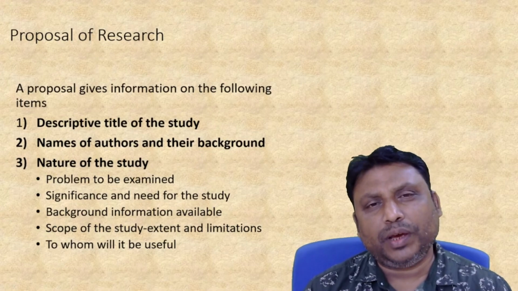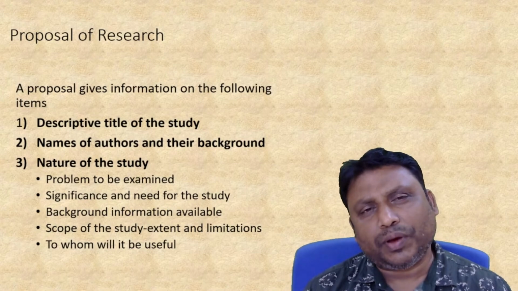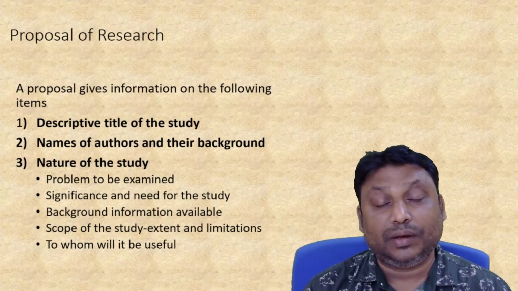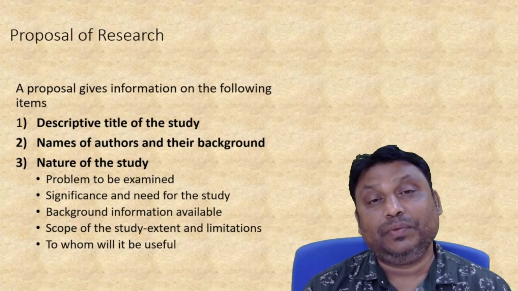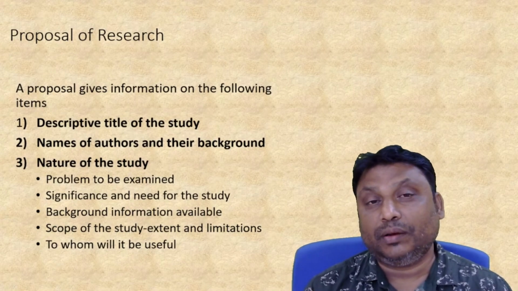So when you are submitting any research proposal to any organization, first they have to verify who the authors are and what the background of the authors is, whether he is suitable for this particular topic or not. If he is suitable, then they may accept your proposal. If not suitable, they will not accept your proposal.